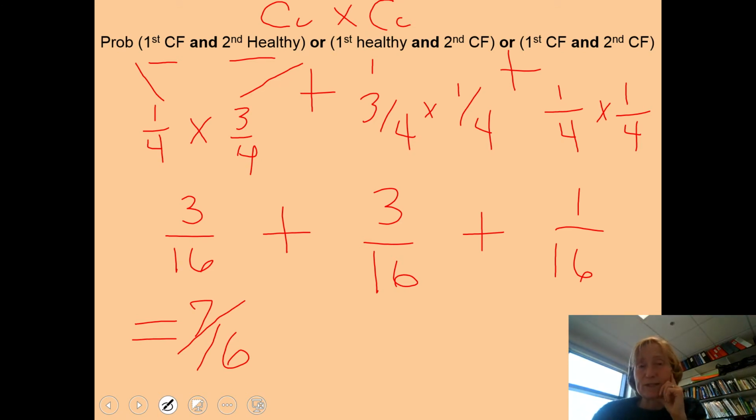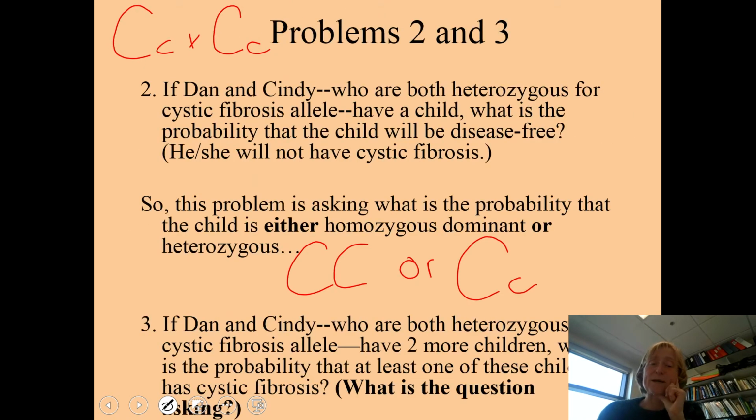You could have flipped this question on its head and made your life very simple. Let's flip it on its head a minute. Let's go back to that question. If Dan and Cindy have 2 more children, what is the probability that at least one of these children has cystic fibrosis? Could we have possibly said, this is like the opposite of what is the probability that none of the children have cystic fibrosis?